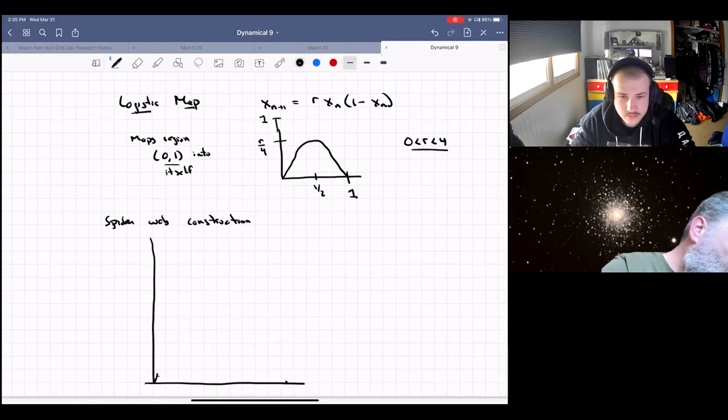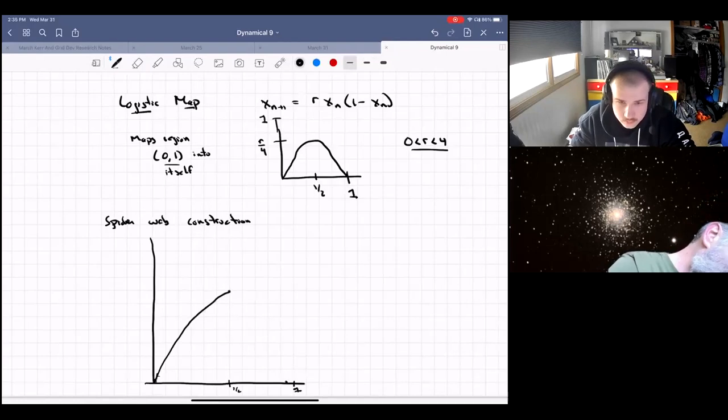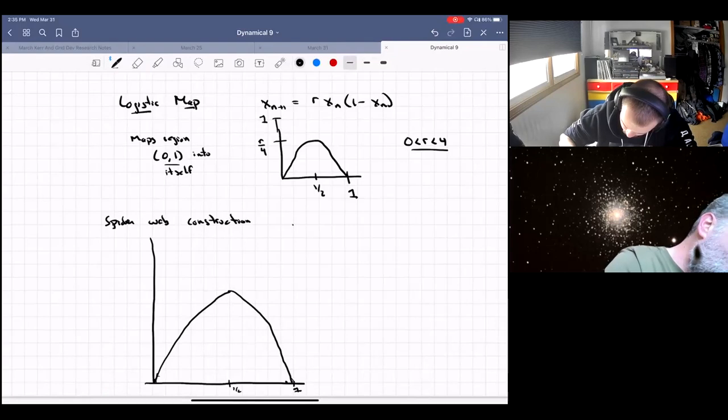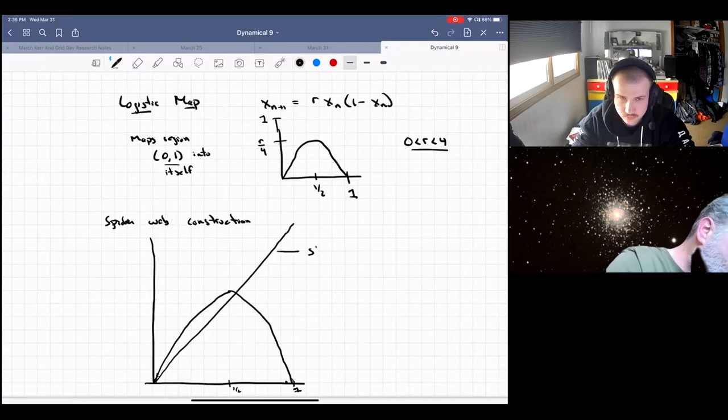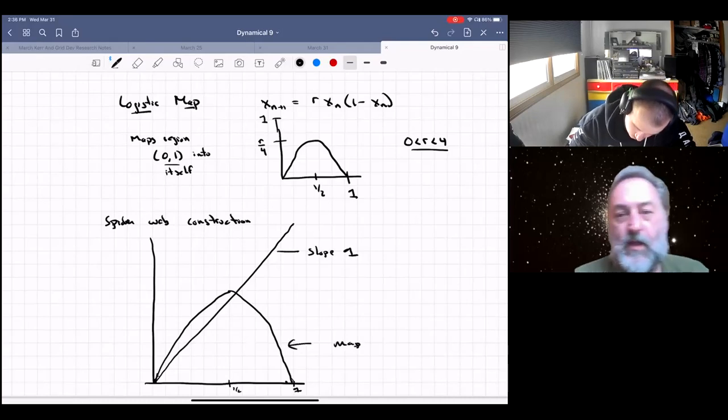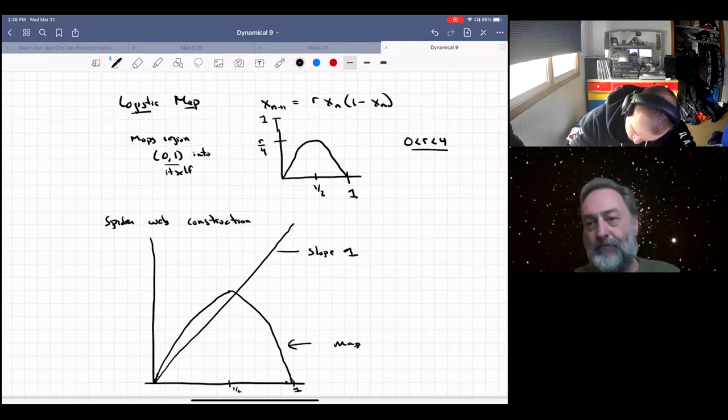One, two, three, four, five, six. And then I want to draw a line that has a slope of 1. So this is my map, and my reference line is this line with the slope of 1.